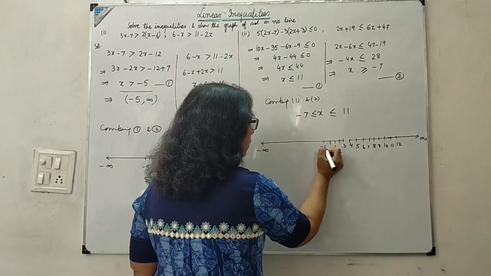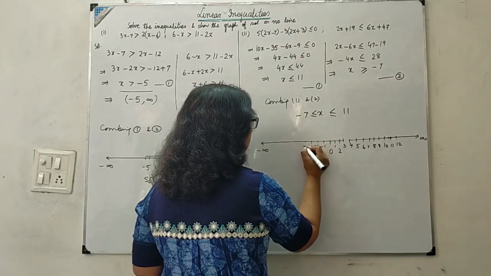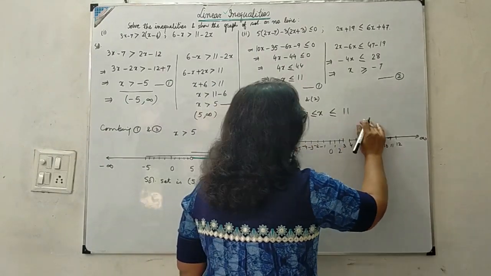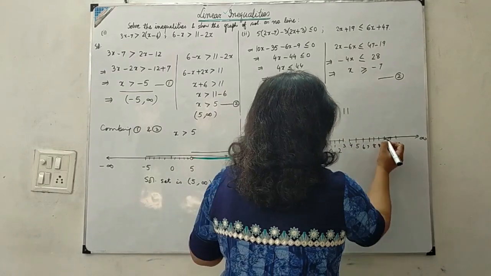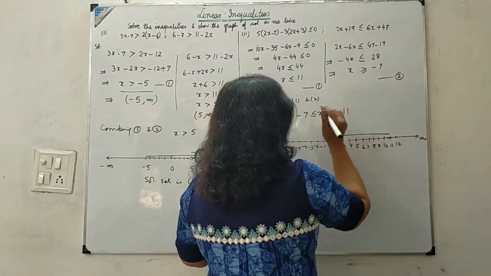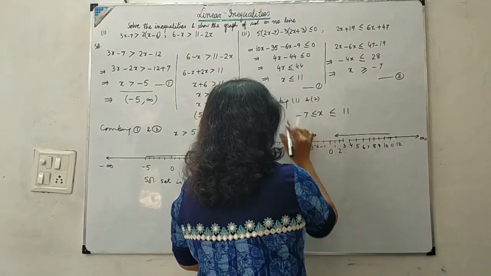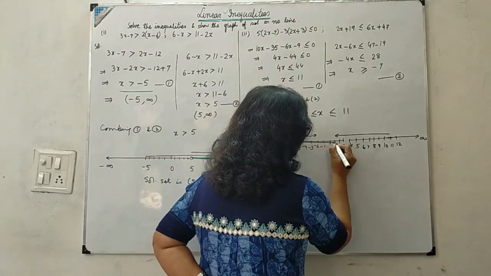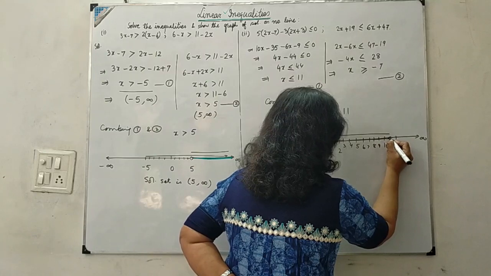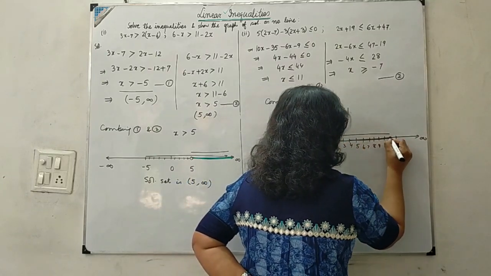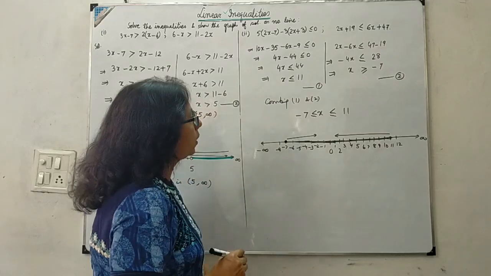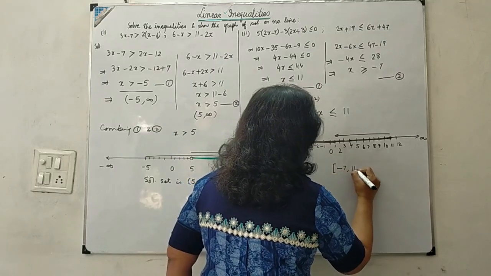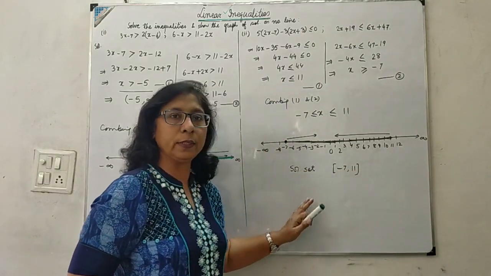And we have minus 1, minus 2, minus 3, minus 4, minus 5, minus 6, minus 7, minus 8, etc. Now all the numbers less than 11 on this side and greater than minus 7 on this side. So combining, we have all the solutions lying between minus 7 and 11. This part of the real number line is darkened as shown. So the solution set is minus 7 to 11. This is a closed interval, as shown in the graph.